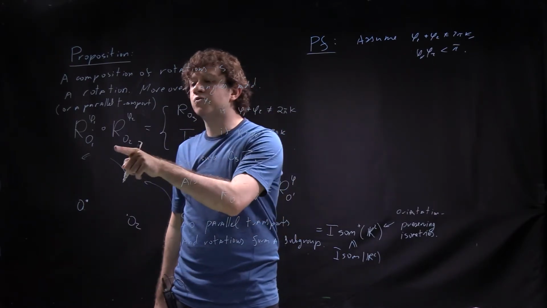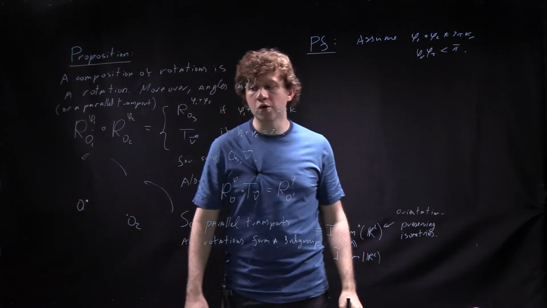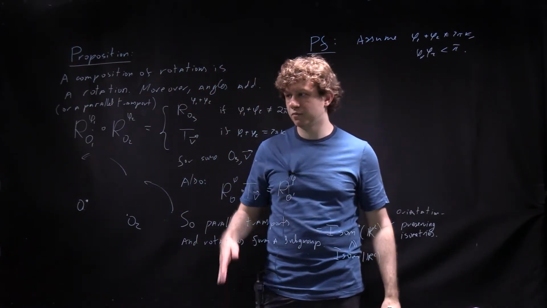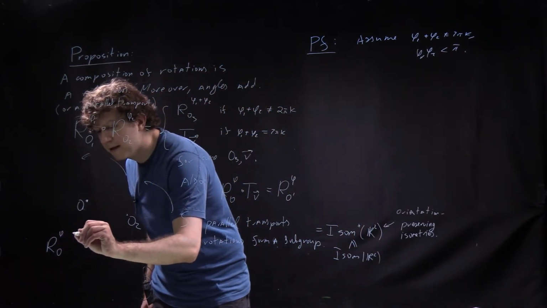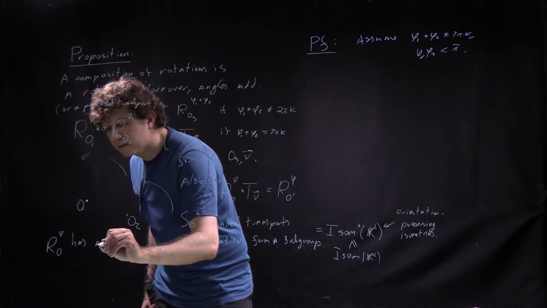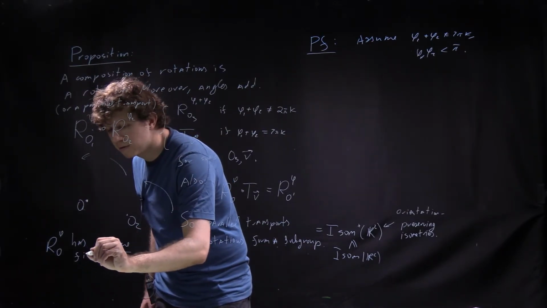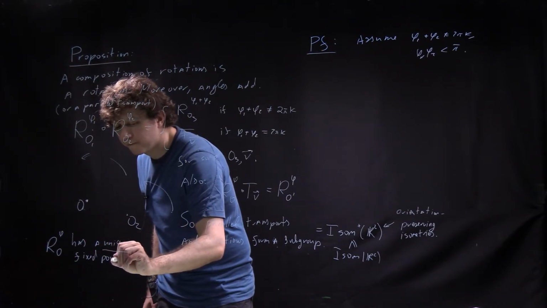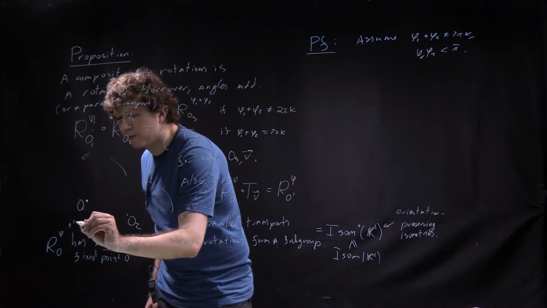I say that the composition is a rotation with a certain center, so I better have a fixed point. Remark: a rotation with a center O by phi has a unique fixed point O, for phi not equal to 2 pi k.